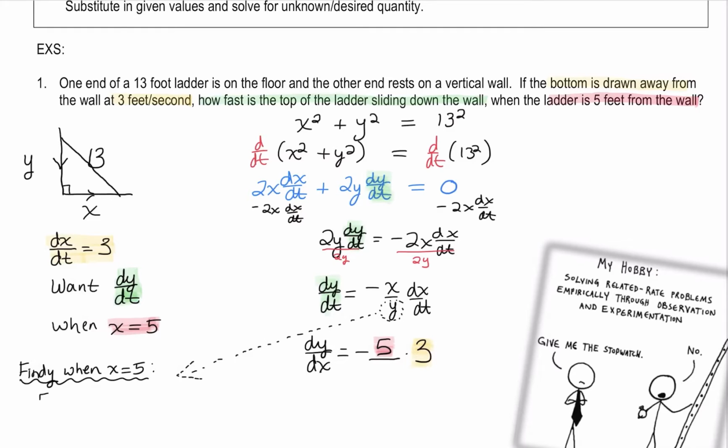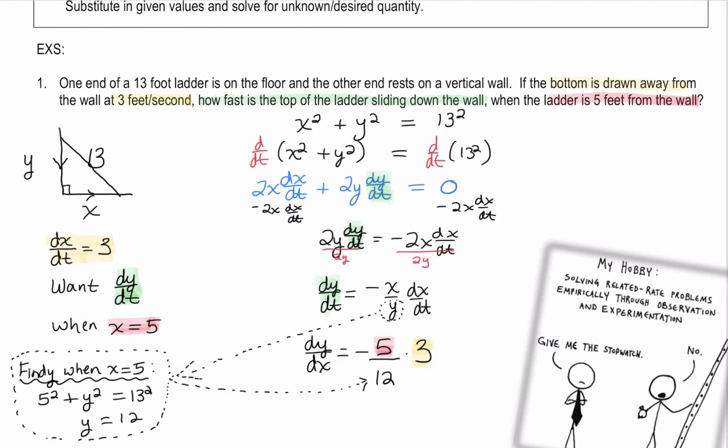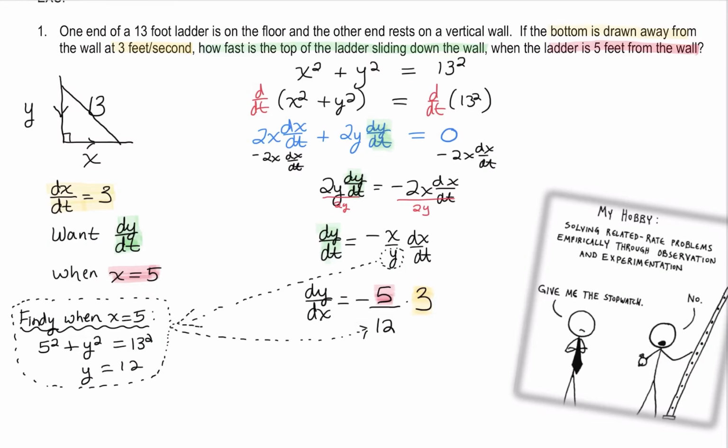So we have our x squared, which is 5 squared, plus y squared is equal to 13 squared. So subtract the 25 and take the square root. Or maybe, if you remember some of those things called Pythagorean triples, 5, 12, 13 is a Pythagorean triple. It's a common right triangle. But either way, that tells me that at the instant when x is 5, the y here is 12. And so that should be enough to do it.